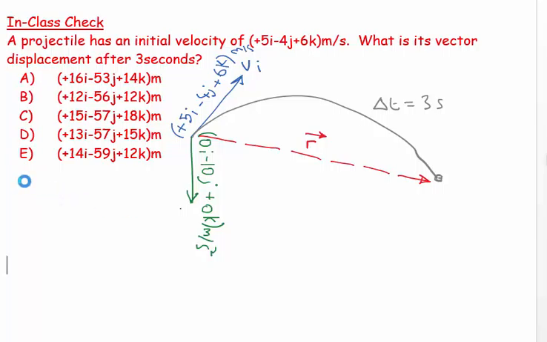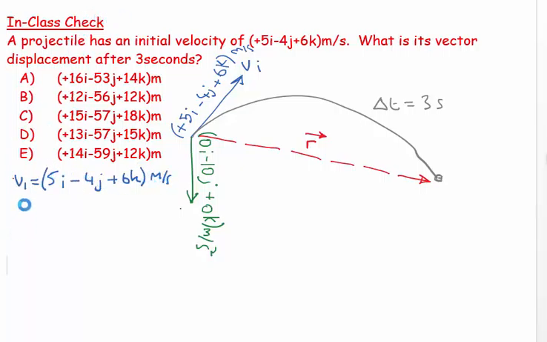So what do I know? I know that V initial is equal to 5i minus 4j plus 6k meters per second.